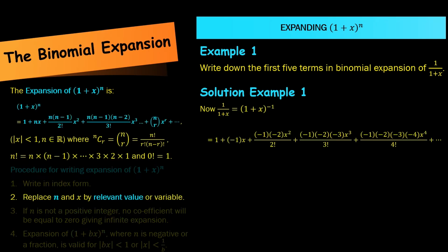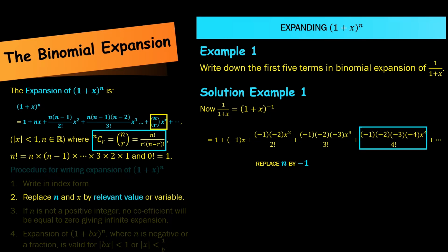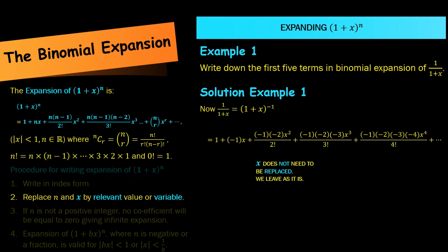Now let's consider the expansion itself. We're going to replace n by minus 1, as shown here, here, here, here, and here. Notice that x does not need to be replaced, because in the general form we have 1 plus x, and in our example we also have 1 plus x.